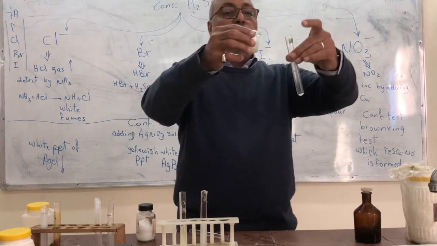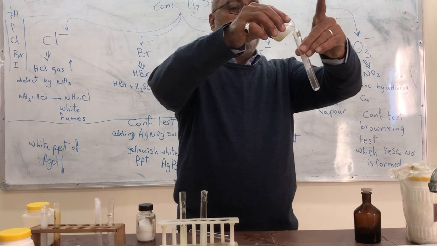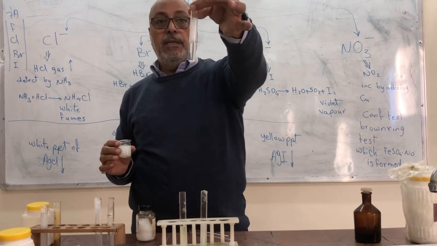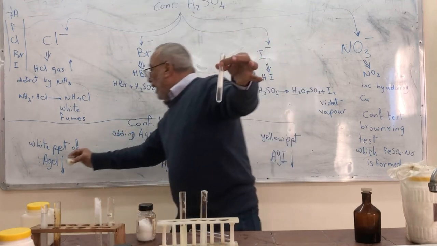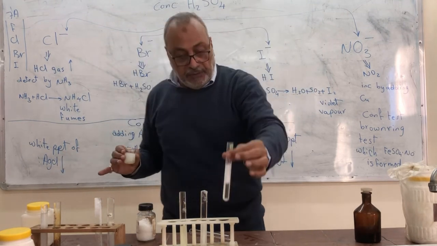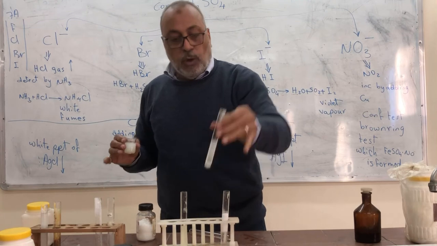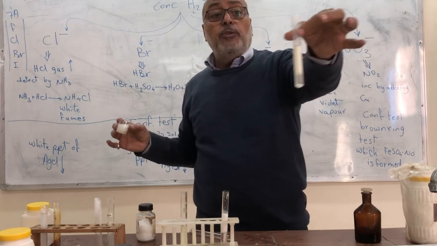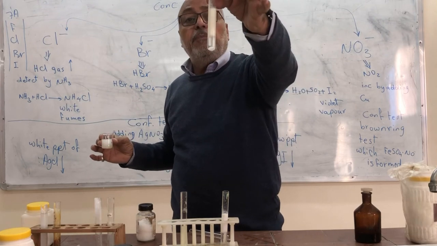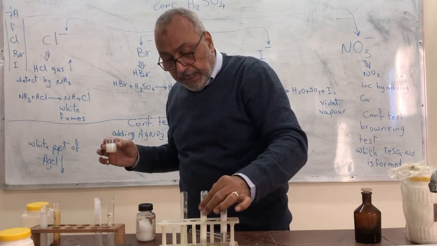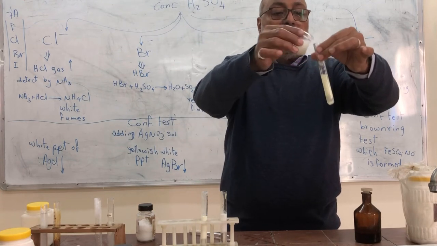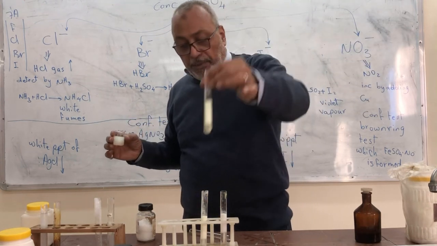The first one, chloride, forms a white precipitate. It is very clear: white precipitate of AgCl. The second one, when we add silver nitrate, produces a yellowish white precipitate. The third one, iodide, produces a yellow precipitate.